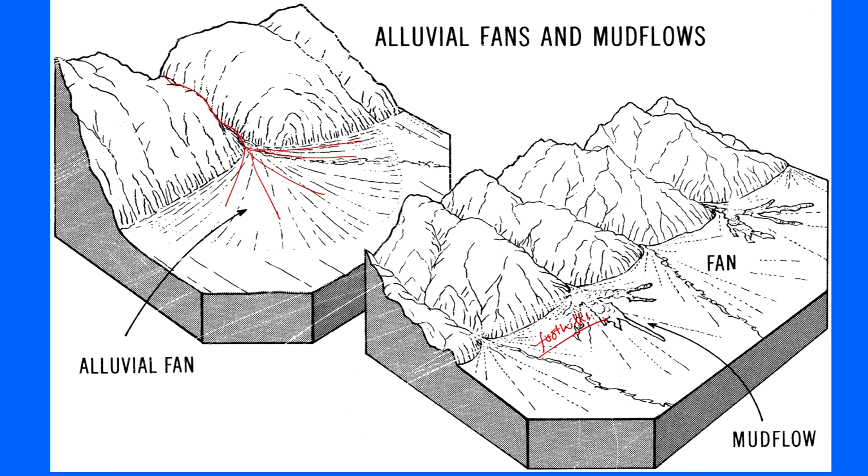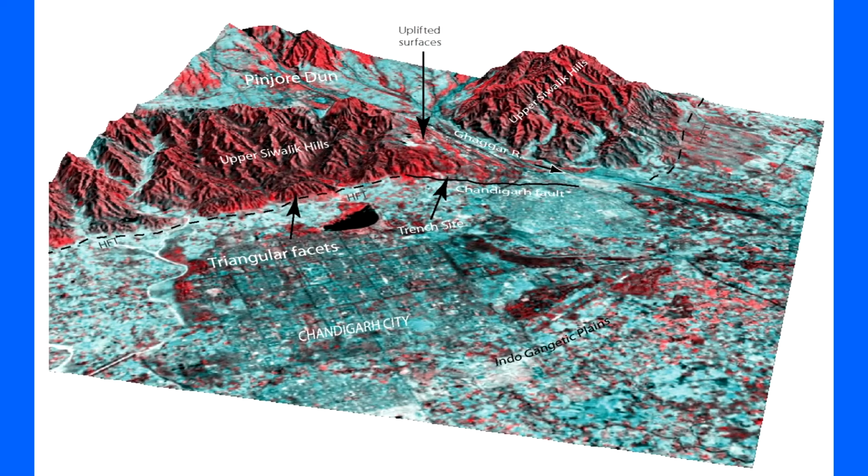Okay. Again, this is an example from the foothills of the Himalaya, where you have the sub-Himalayas, or we can say the Shivalik hills, and this is the area from Chandigarh where you have a major fan deposit. Okay. So, there is a fan which has been deposited over here.